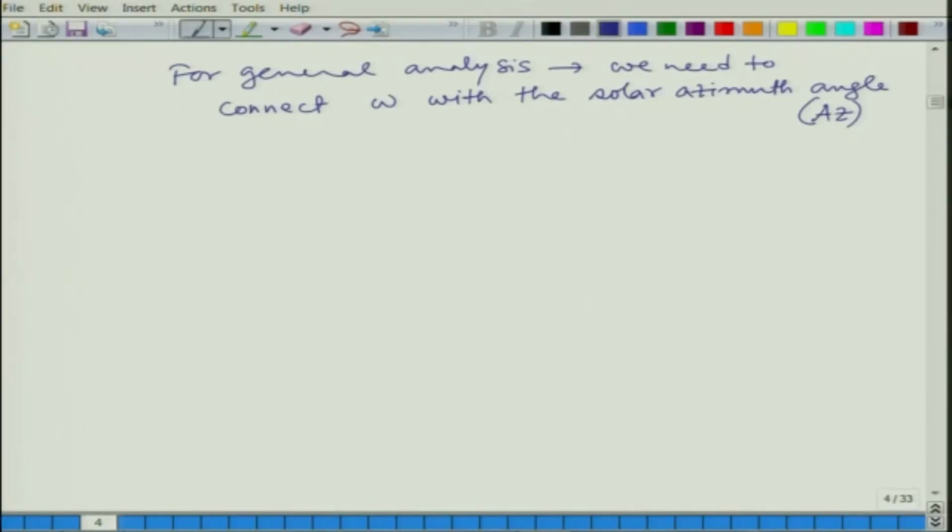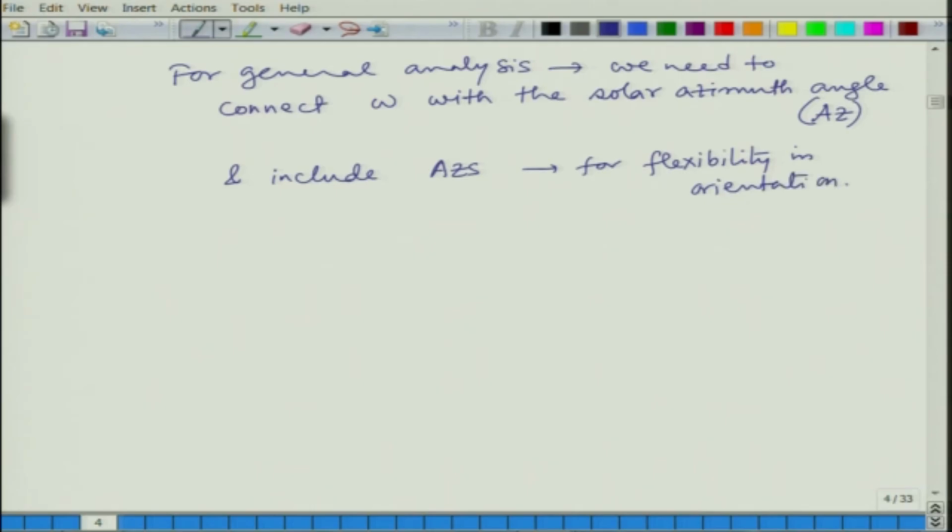So, basically they are connected and we have to establish that connection, and include this surface azimuth angle AZS in the analysis, so that any orientation can be analyzed through this formulation, for flexibility in orientation.